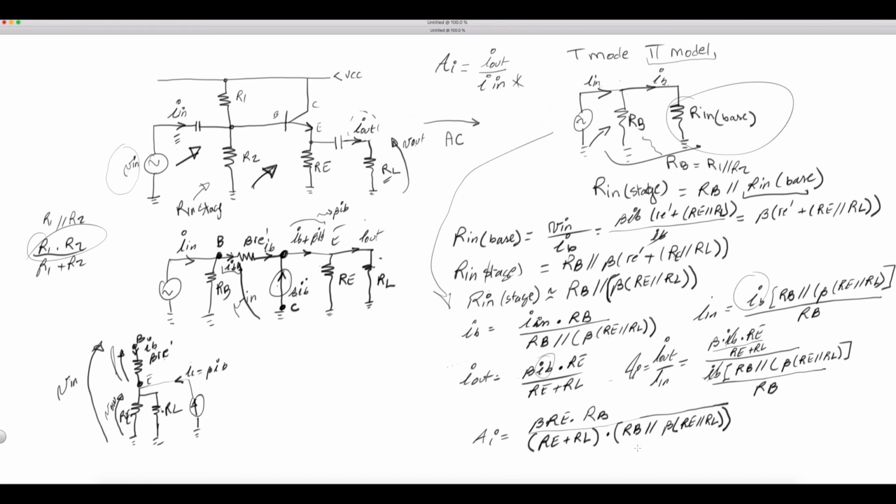And that would be the current gain. Notice it's all purely resistors and the beta factor to figure out what is AI for this circuit.